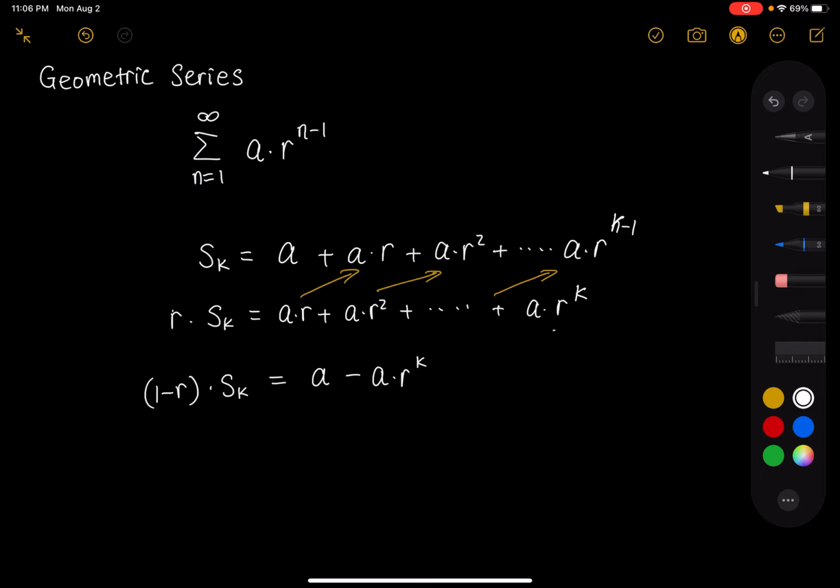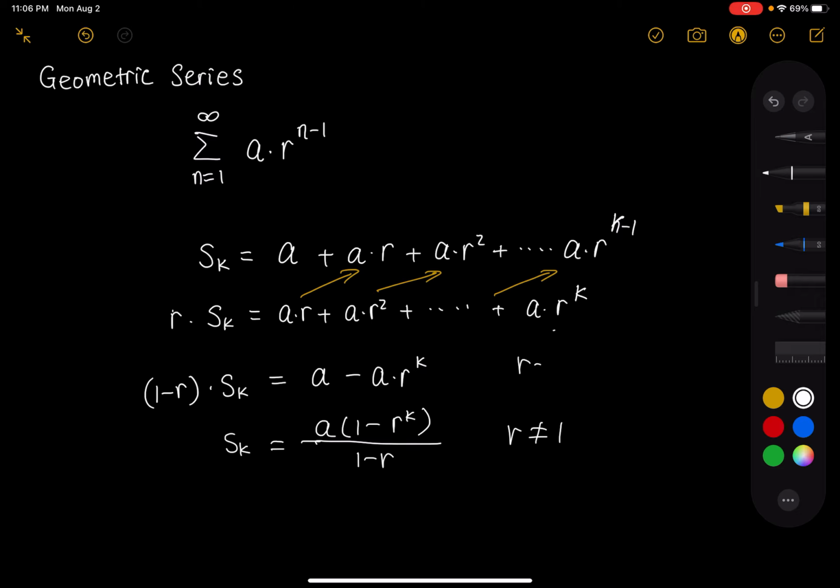So you simplify and get S of k equals a times 1 minus r to the k power, divided by 1 minus r. Here r is the ratio, and this is when r does not equal 1, so you can divide both sides by 1 minus r.